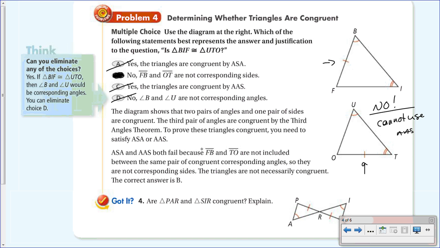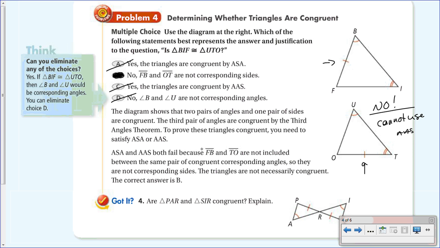The important thing to remember with AAS is that the non-included side has to be the same side in both triangles. In this case, it is not the same side in both triangles. The easiest way to tell is, like I said before, they both have to touch the same angle.